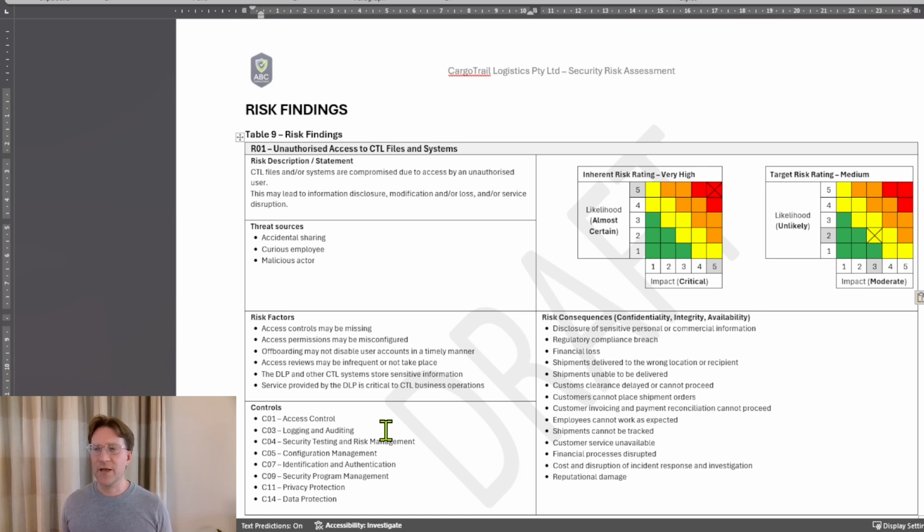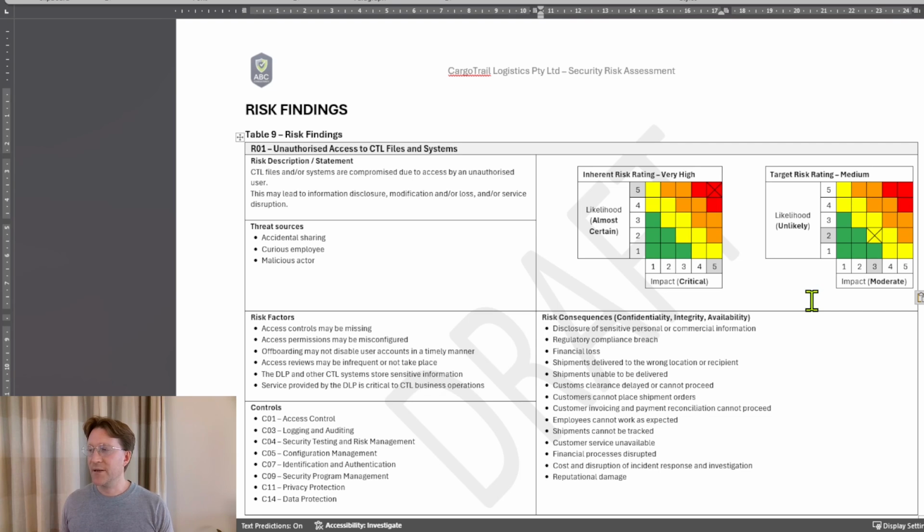If we have logging and auditing, we are hopefully going to catch cases of unauthorized access and then close that vulnerability that caused it so it doesn't happen again. If we have configuration management, hopefully we are reducing the likelihood that we have something accidentally allowed to be publicly accessible instead of requiring someone to log in first.